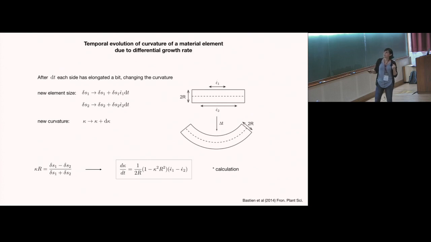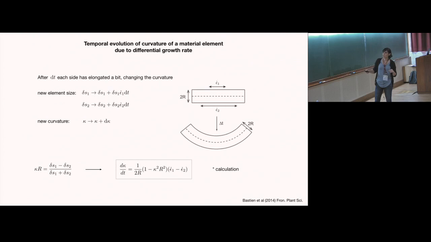We say after some time dt, this time between here and here, this side is elongated a bit, this side is elongated a bit, and the curvature has changed a bit. So the new element sizes for delta S1 and delta S2 become this, because remember that epsilon dot is a stretch rate, so you multiply it by dt, and you multiply it by the original length.